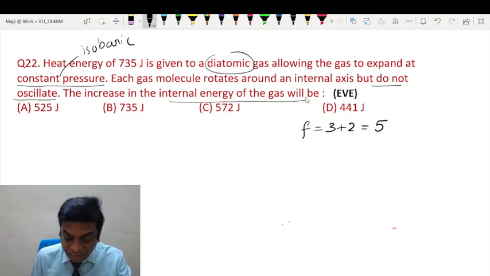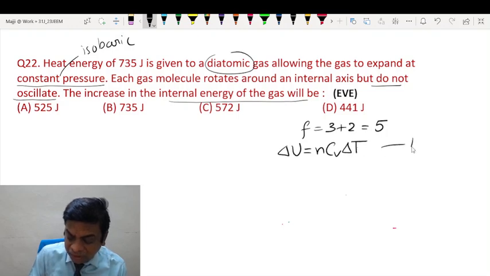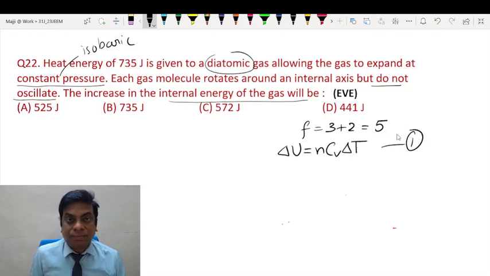Then we have to find the increase in internal energy. This is a very simple question, students. The increase in internal energy for any process is always equal to nCvΔT. Remember, students, the increase in internal energy of an ideal gas for any process is always equal to this.